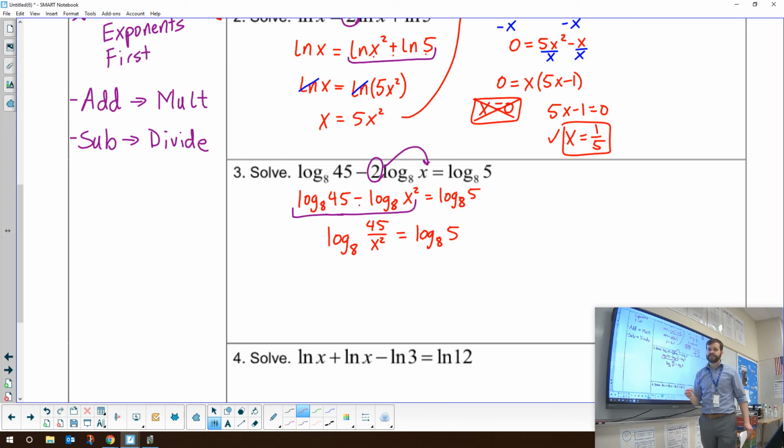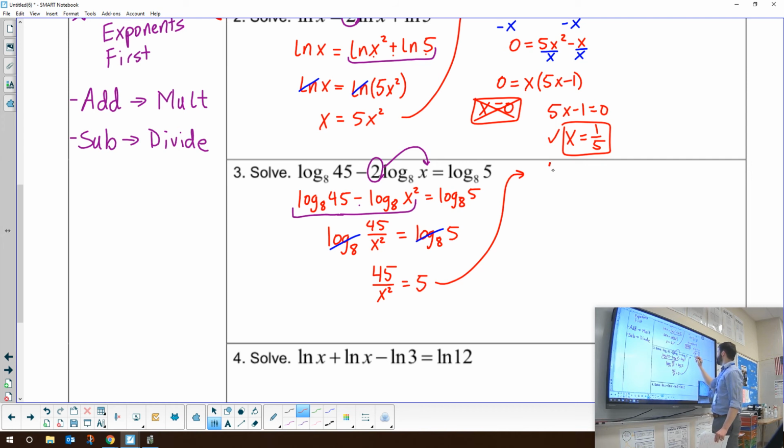Then you can see that I have one log on each side. So all I need to do is cancel out this one, cancel out this one. We're going to have 45 over x squared equals 5. Once again, I'm going to take this over here to finish working it out.